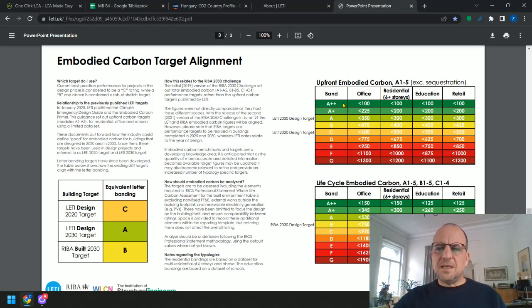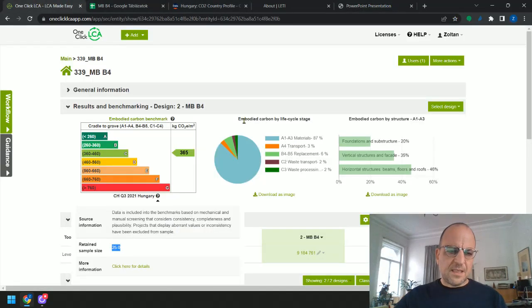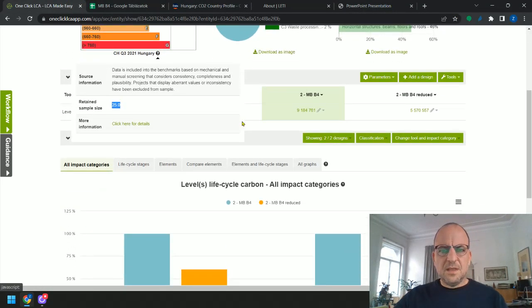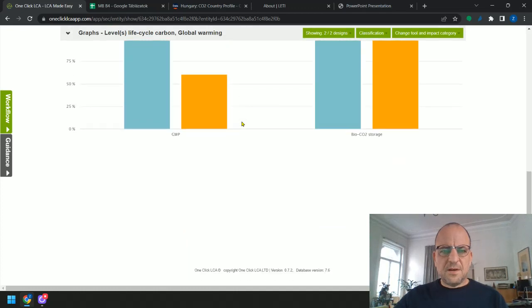So this building is not A or B, but rather C, or B, rather C. And here you can set a target, and you can try to make a better solution for your building, and then you can measure what classification you have reached with this building. Let's see what the results are.